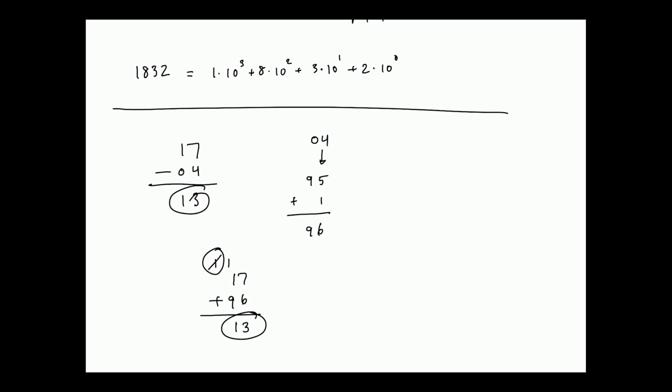Okay, so I claim that -1 is represented by all ones in this binary system. Here's how I'm going to demonstrate why that's true. If I have the number 1, would we agree that in binary it should be this?